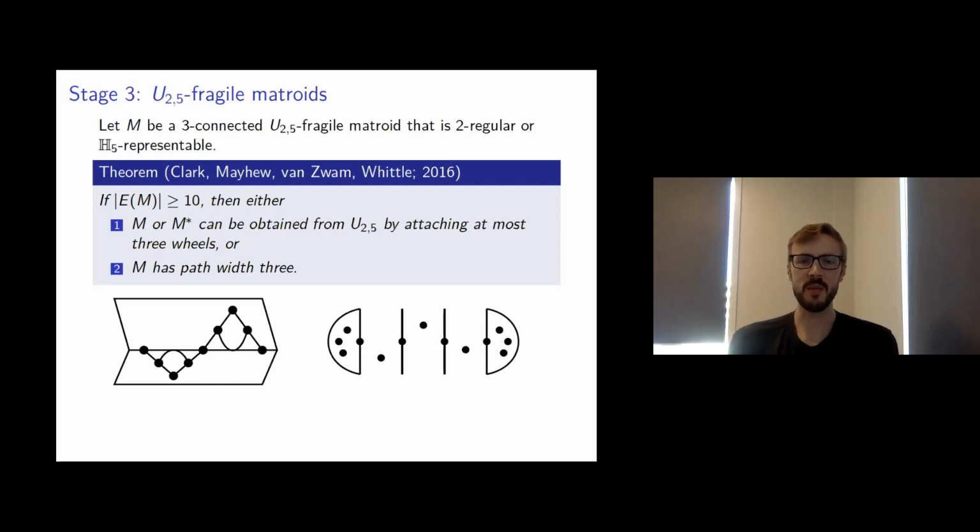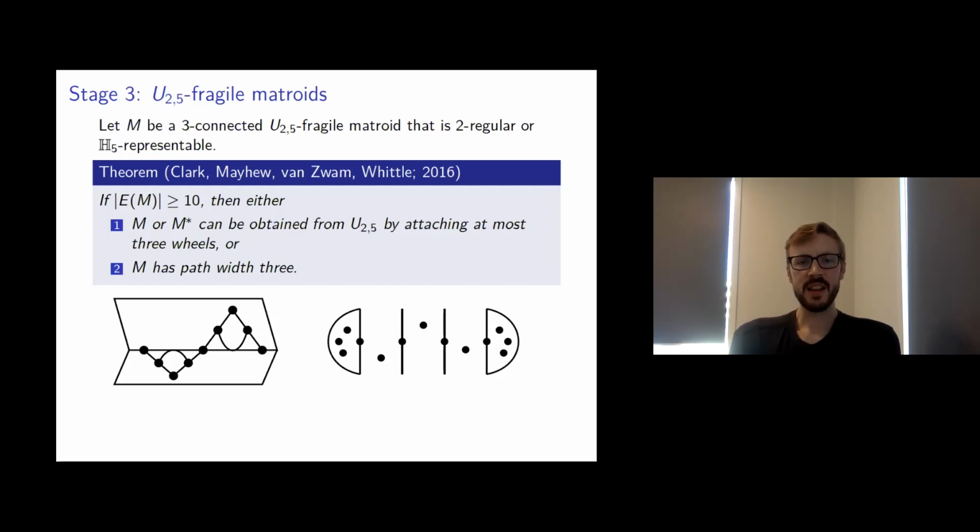The first possibility is that your matroid is essentially U2,5 with wheels glued on to this U2,5, up to 3 wheels. So here I'm illustrating a U2,5 with a couple of wheels glued on. And the second possibility is that we get something that has path width 3, something with this path-like structure. And they show more than this, but I'm just going to focus on the properties of interest. So for us, it's really just useful that we have this path-like structure.